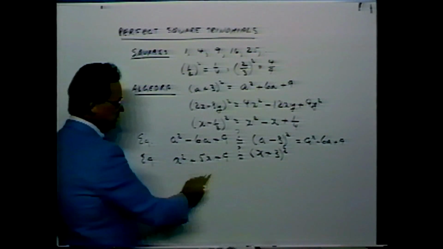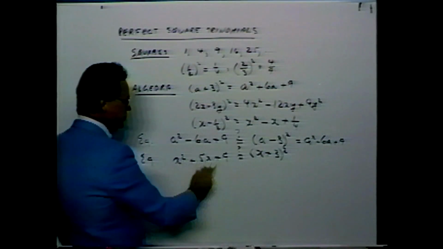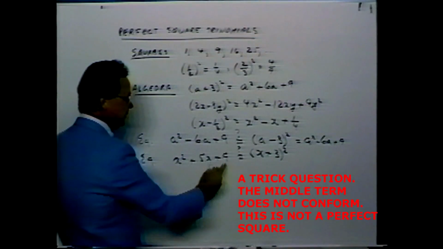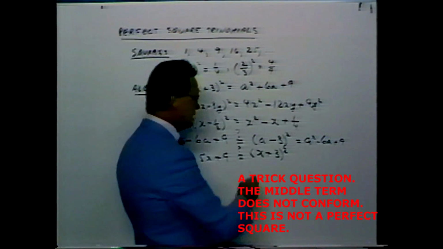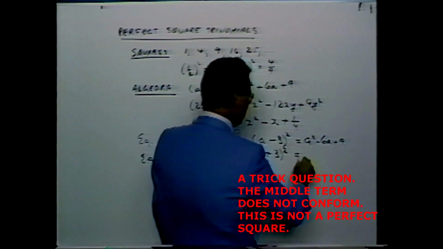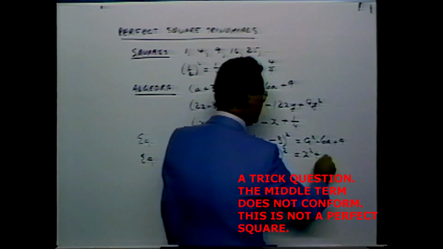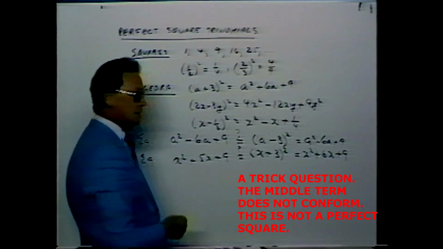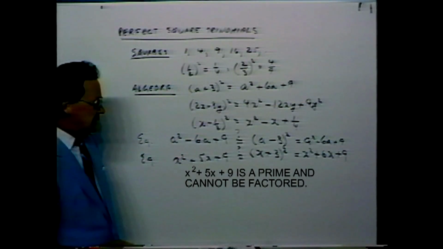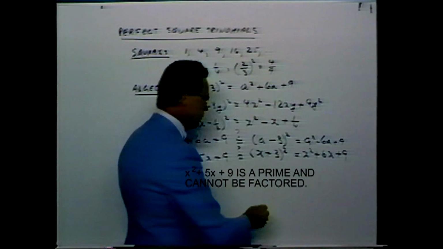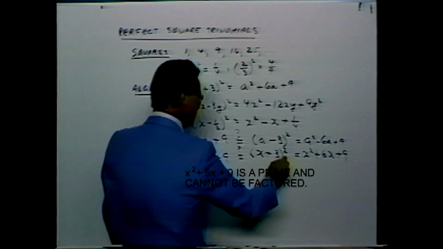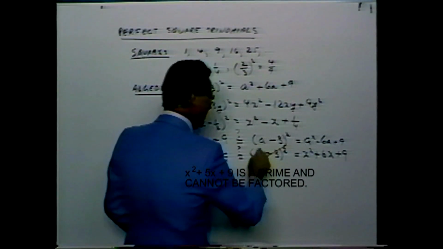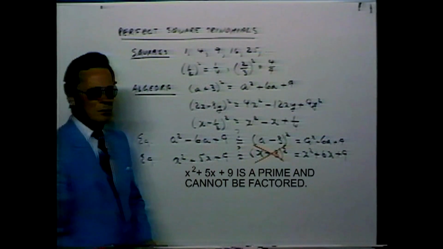Now, we suspect that this is a perfect square because of those two terms in the trinomial, the first term and the last one. But when we expand this, we notice that this is equal to x squared plus 6x plus 9, not the 5x in the middle term as we have in the original problem. Consequently, these are not the correct factors of the given problem.